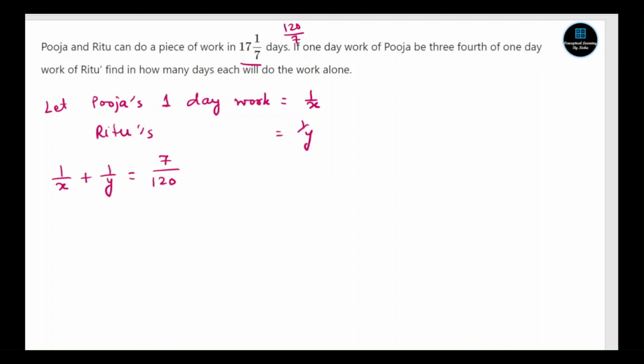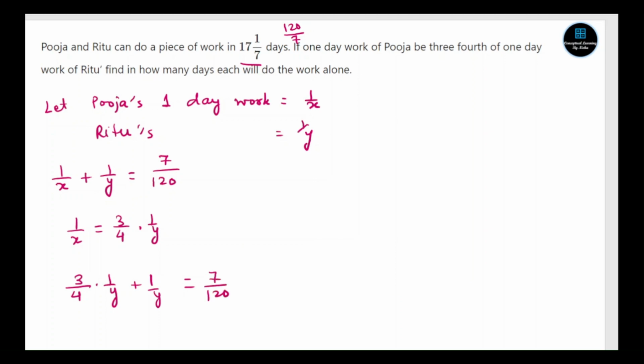Now if 1 day work of Pooja is 3/4 of 1 day work of Ritu. So 1 day work of Pooja is 1 over x. This equals 3/4 of 1 over y. Right. So we got this, and now if I substitute this value over here and simplify, 3 upon 4 into 1 over y plus 1 over y equals 7 upon 120.